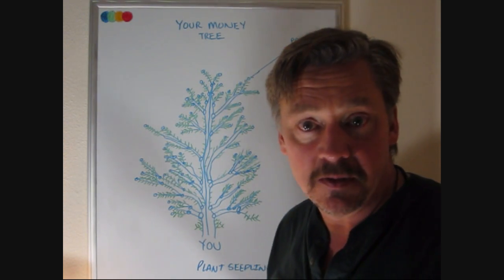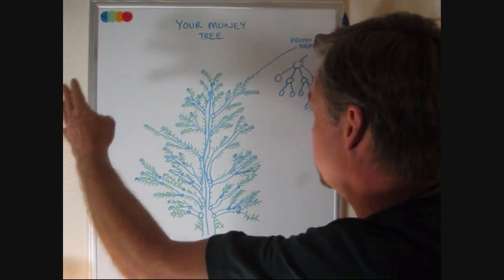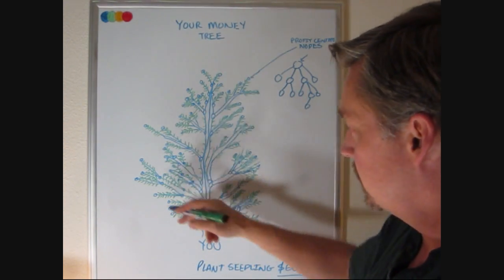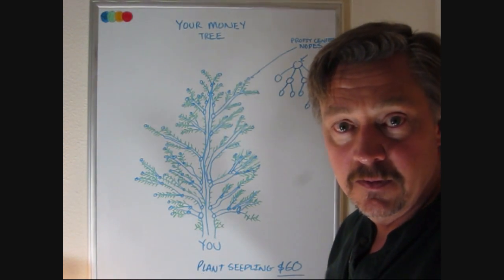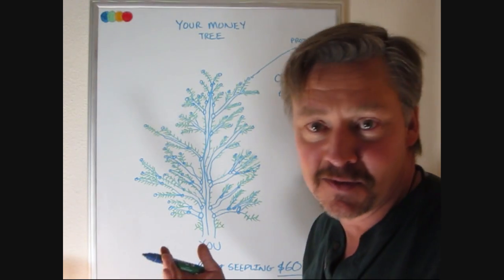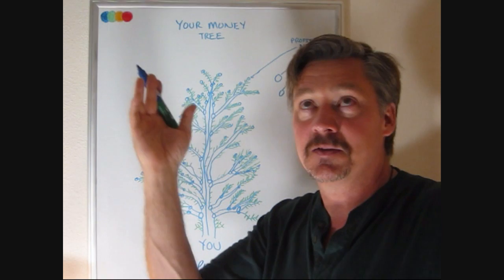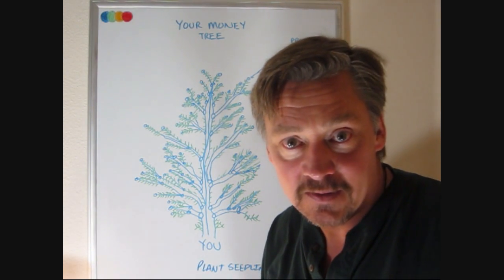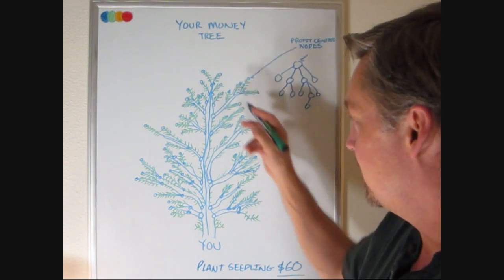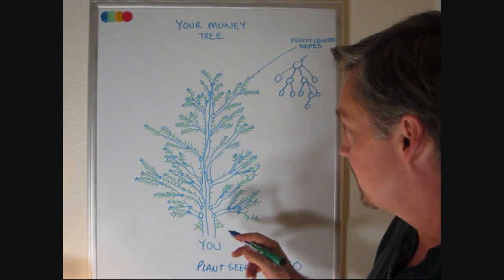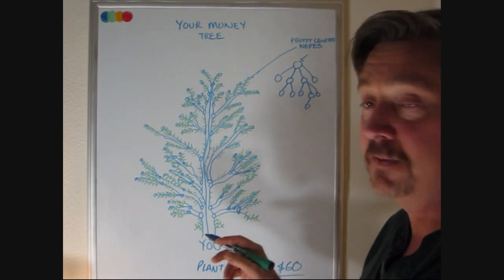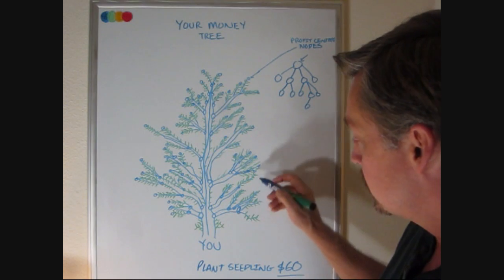You could have a tree with many, many branches, but if there's no leaves on the tree, it depends, I guess, if it's a deciduous tree or not. If it drops its leaves in the winters, then you can see the branches, but you wouldn't want that in your business tree. You want a tree that has leaves all year around, because you need these shoppers.